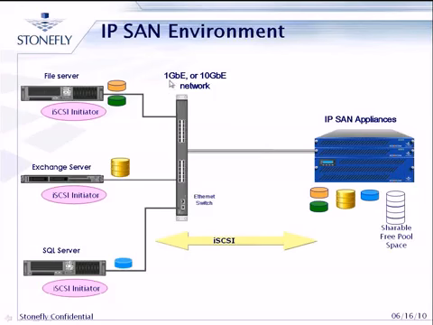The other fact is you could use the same Ethernet switches that you use for your networking, and you could use gigabit Ethernet switches, very cheap switches. You go to Fry's and buy a $50 switch, and you could use that for iSCSI.